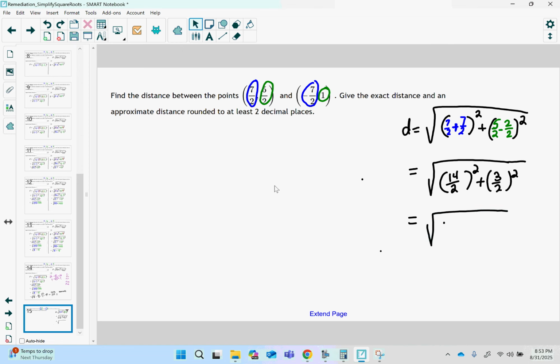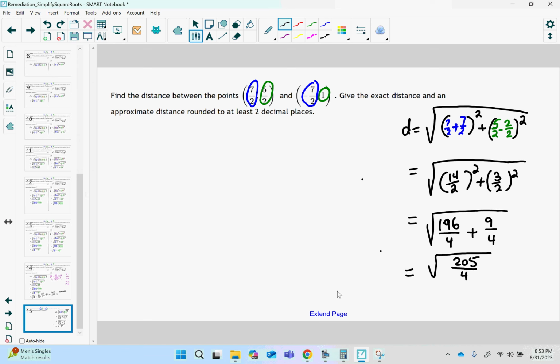It's just bugging me. Okay, 14 squared, 196 over 2 squared, which is 4, and 3 squared is 9 over 2 squared is 4. Again, we have common denominators. That's awesome. So I'm going to keep the common denominator of 4 and just add the 196 plus 9. Now 196 plus 10 would be 206, but it's 1 less than 10, so that'll be 205.